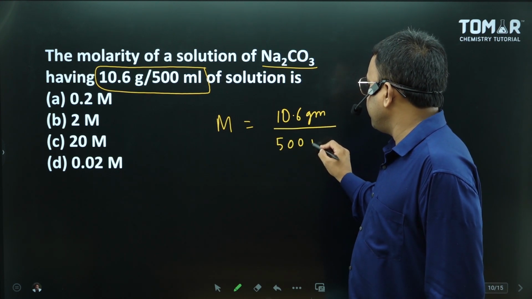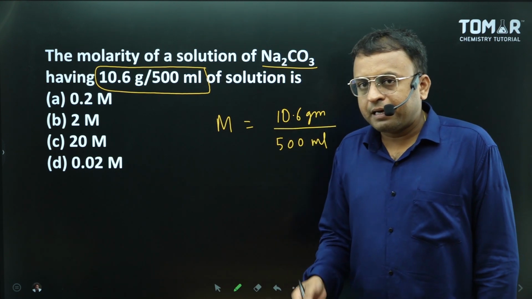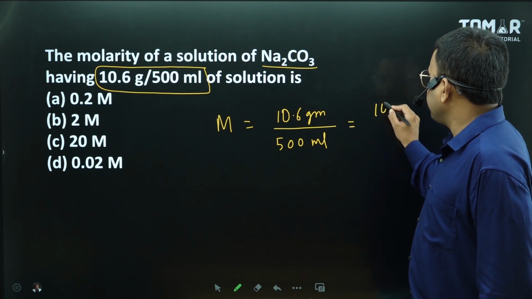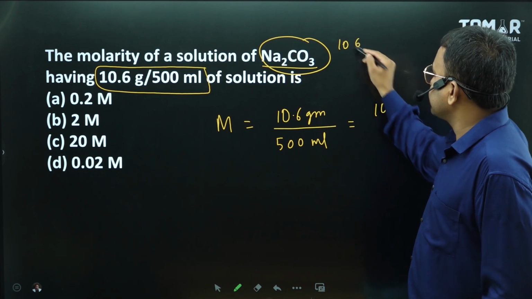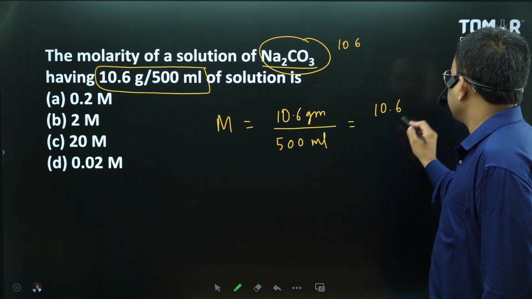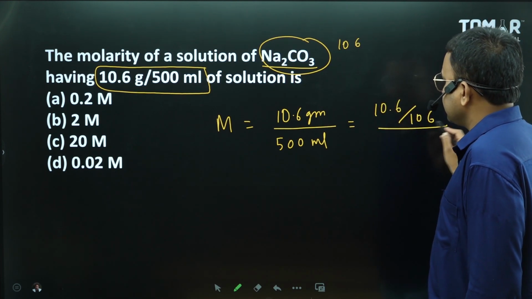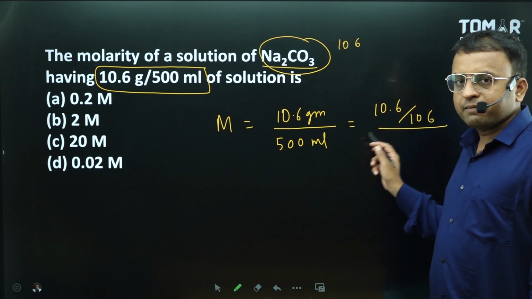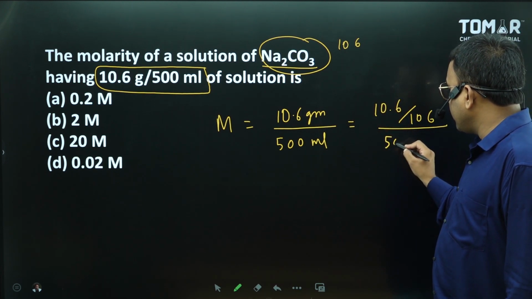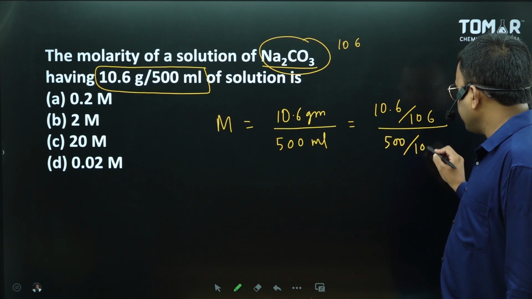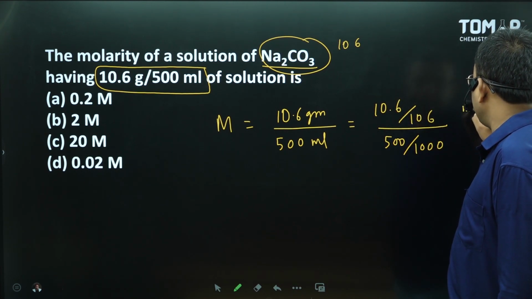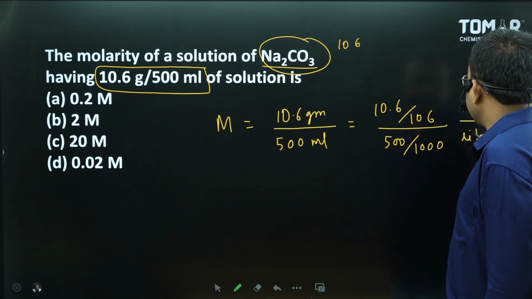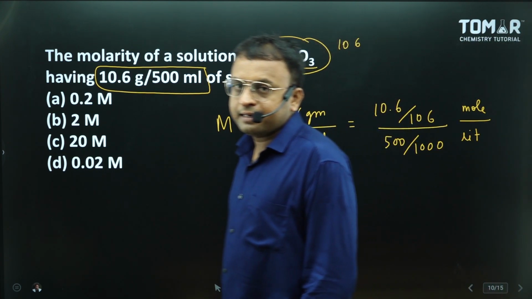Molarity is mole per liter. 10.6, this is weight. The molecular weight is 106. 10.6 divided by 106, so weight divided by molecular weight, and we have to write volume in liter, 500 by 1000. Now this will become mole per liter, and this is called molarity.